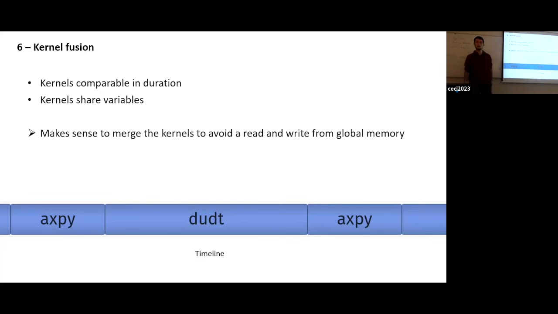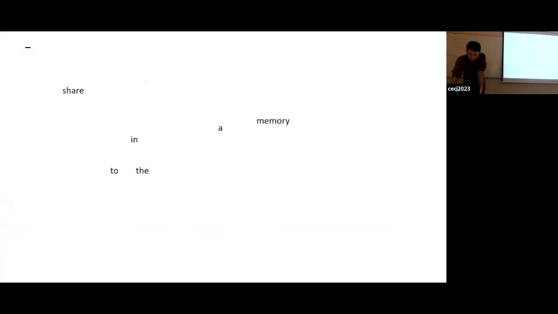You just need to add a few arguments to the dudt function, and you can completely bypass that AXPY. And you'll see in the exercises that this is very significant because I think we gain a third of the time, something like that, which roughly matches the size of the AXPY compared to the dudt. Okay, so that's one idea.